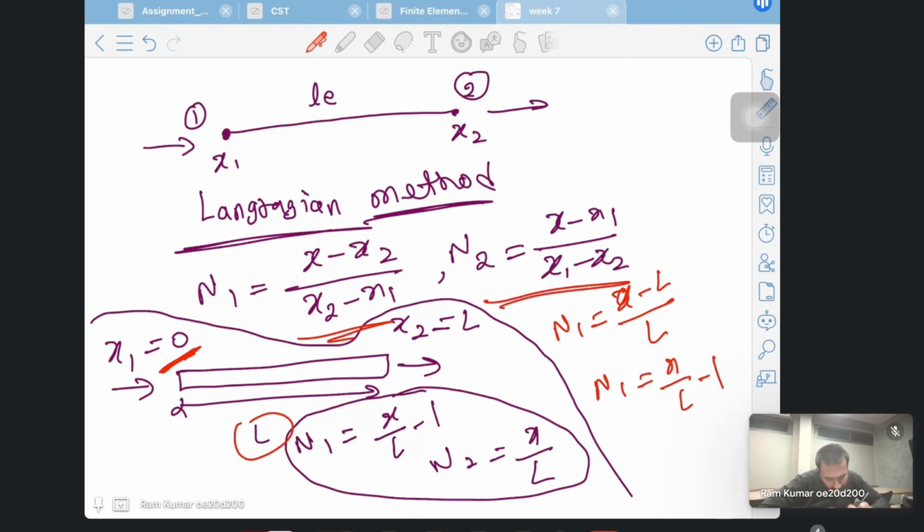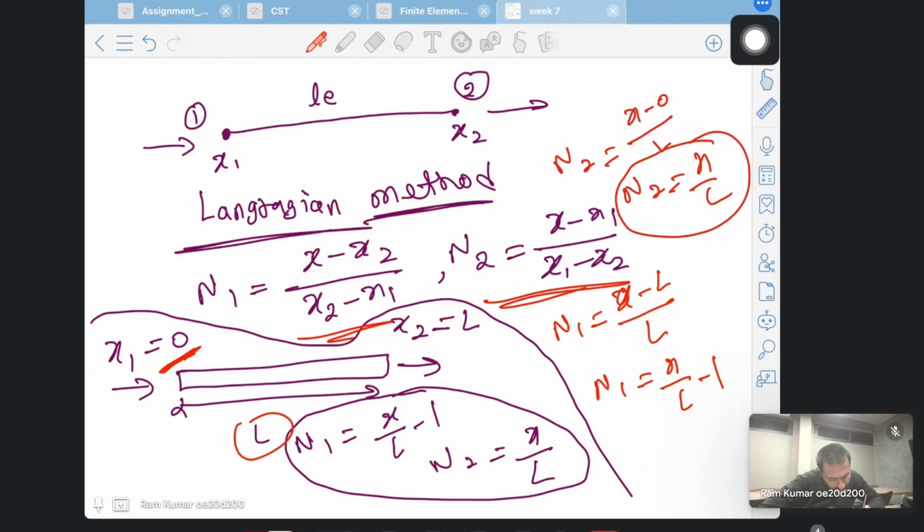And what will be n2? I put in the values of x1 and x2, so n2 will be (x minus 0) by L, so n2 will be x by L. I think you remember these shape functions. By using the Lagrangian method, we can find the shape functions n1 and n2 easily.